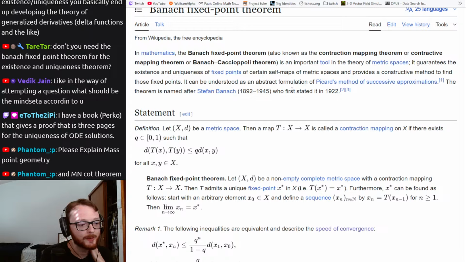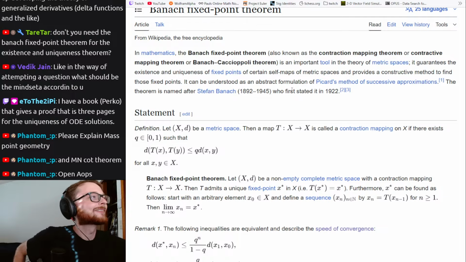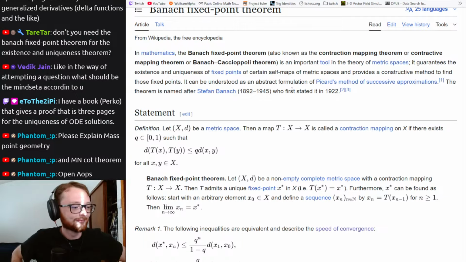I have a book, Perko, that gives a proof that is 3 pages for the uniqueness of ODE solutions. That's probably actually a short proof for that, I would guess. This didn't help. AoPS?